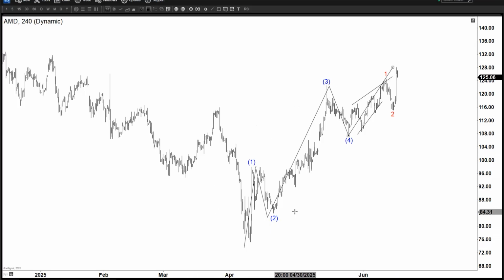So again, the 5 swing rally from April the 9th, technically speaking, favors the bulls, right? 5 waves up, so it favors the bulls. Now within wave 5, we have this subdivision so far that looks incomplete.